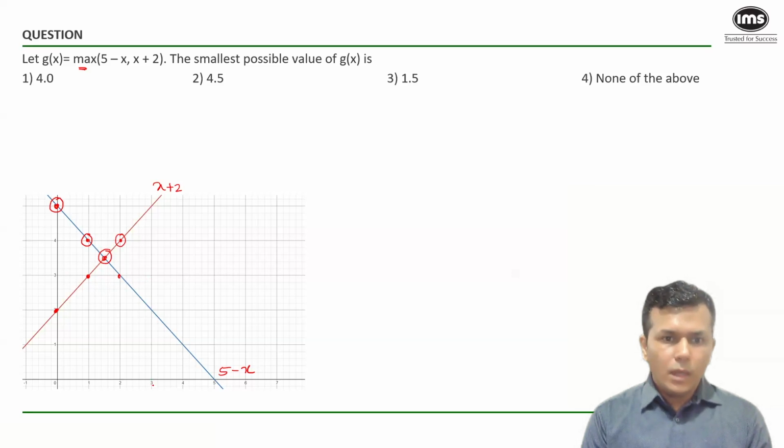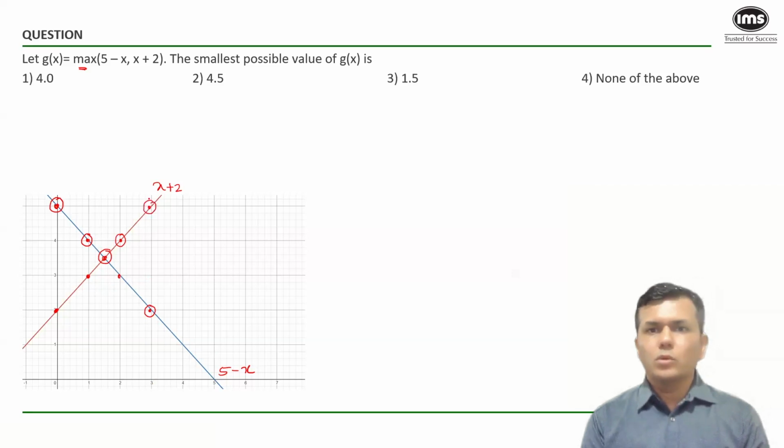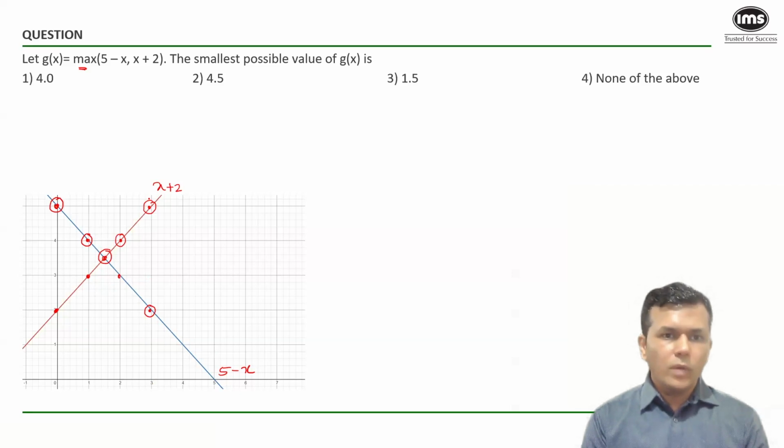And at x equal to 3, this is the function value of 5 minus x, and this is the function value of x plus 2. x plus 2 shows us a higher value, and therefore this will be chosen as the maximum. Now, if you look at these points that we have selected as g(x), the question says, what is the smallest possible value of g(x)?